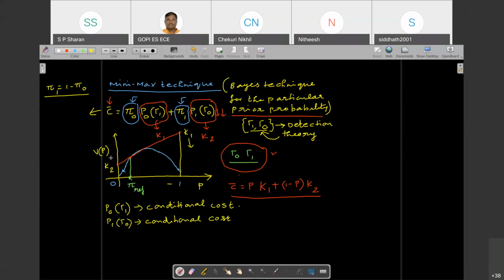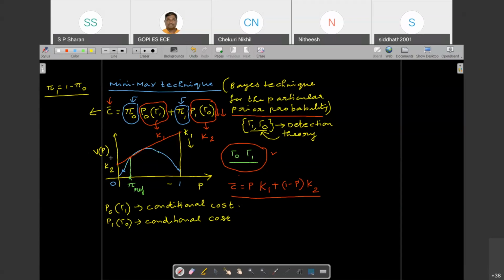It means that maximum of the conditional cost that you are trying to, that's what I said. If I try to minimize K1, K2 is getting increased. If I try to decrease this K2, K1 is getting increased, right? So I'm trying to find out such that I would like to minimize the max of the conditional cost.